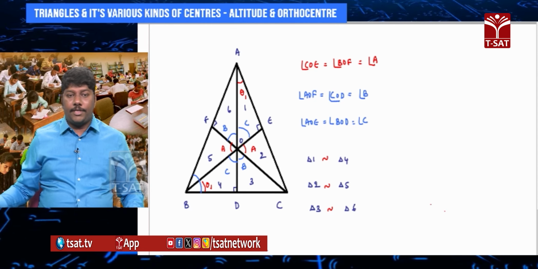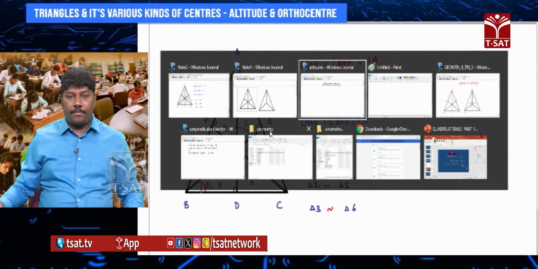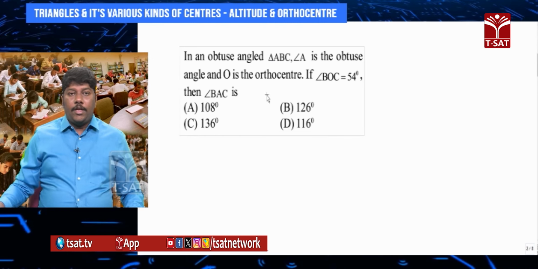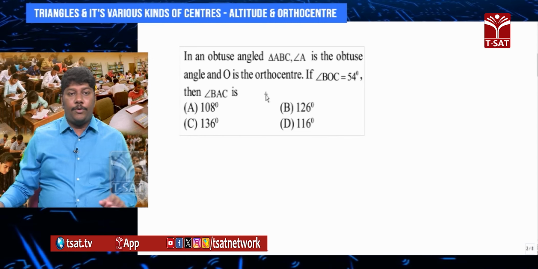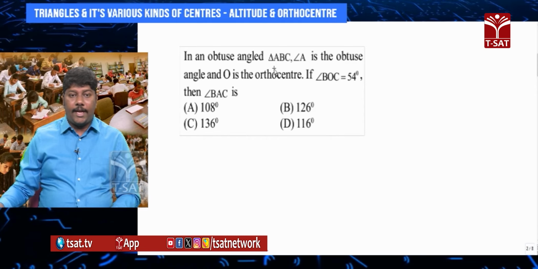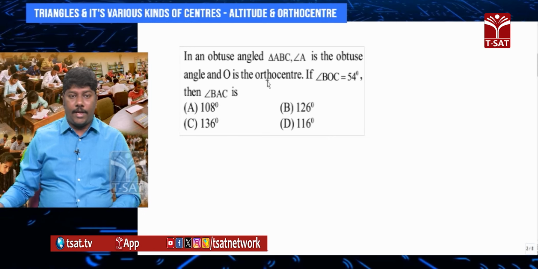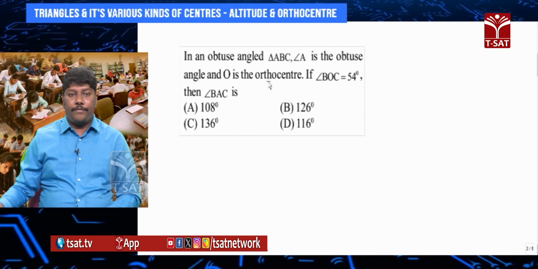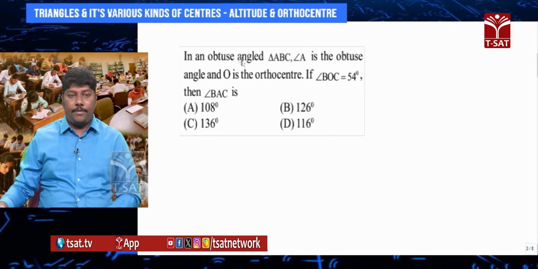Now look at this question. In an obtuse angle triangle ABC, angle A is an obtuse angle and O is the orthocentre. If angle BOC is equal to 54 degrees, then find angle BAC.